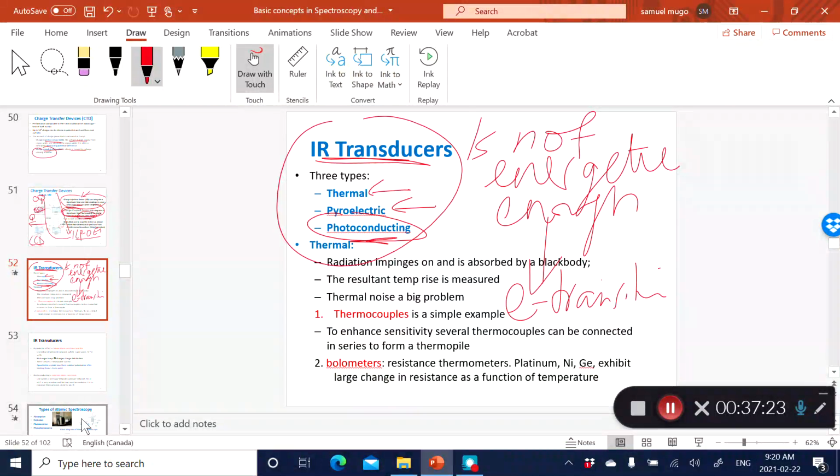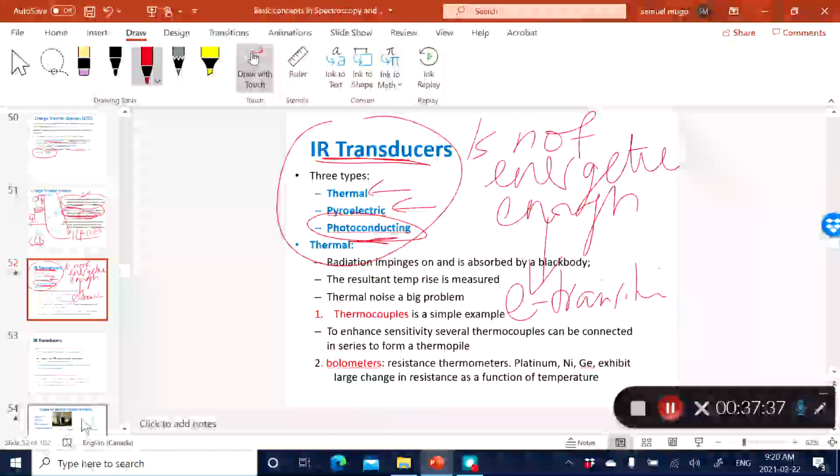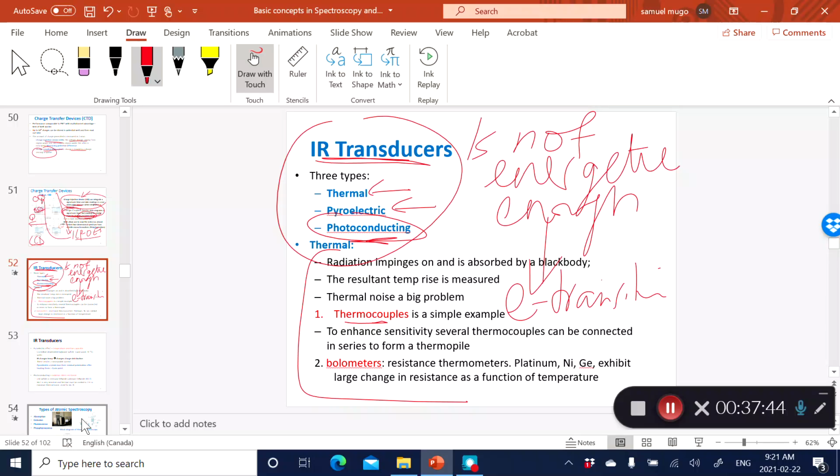Photodiodes can still be used in this case because the energy gap between the valence band and the conducting band is fairly small, and so it's energetic enough for just the semiconducting materials. So the thermodetectors that are commonly used are the thermocouple, and I talked previously a lot about the thermocouple. The thermocouple, as I said before, is essentially two dissimilar wires glued together.